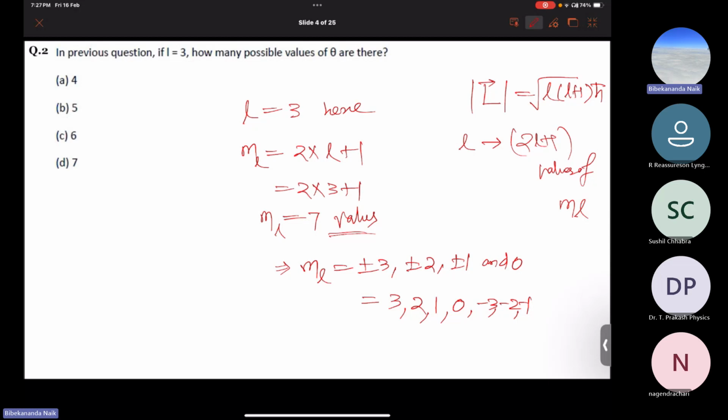And since in the previous case we know cos theta is ml divided by root over l into (l plus 1), this theta gives the angle between the L vector and the Lz vector. Since ml has 7 values, cos theta will also have 7 values.